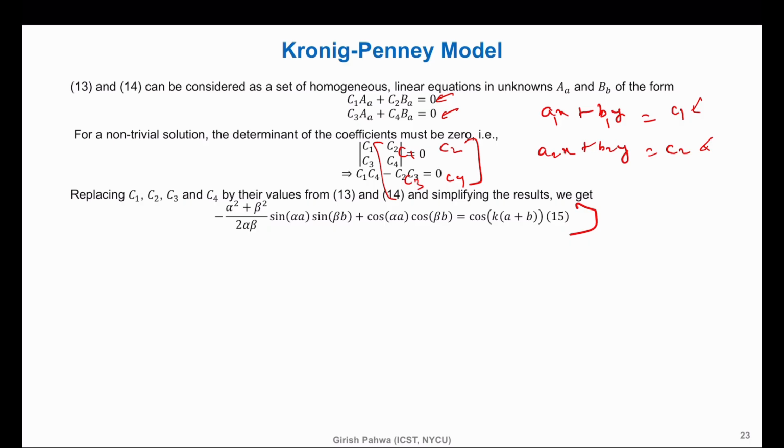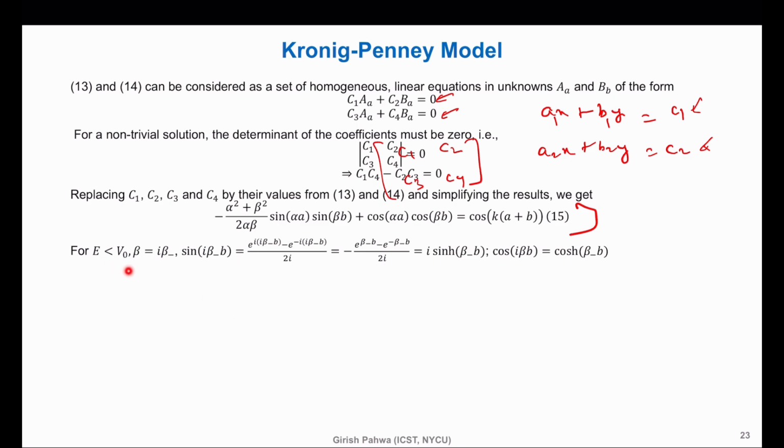Okay, so let's take the case for which E is less than V naught. I'm just going to take one case. I'm not going to discuss the case for which E is greater than V naught. So for this, beta becomes iota beta minus, and sine can be converted to sine hyperbolic as I already discussed, and cos can be converted simply to cos hyperbolic.